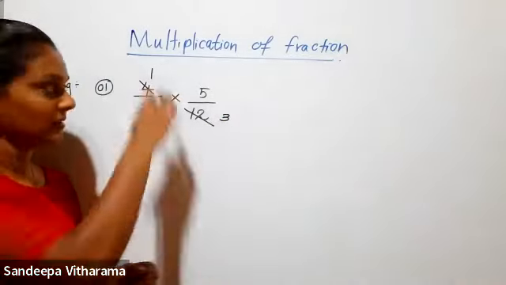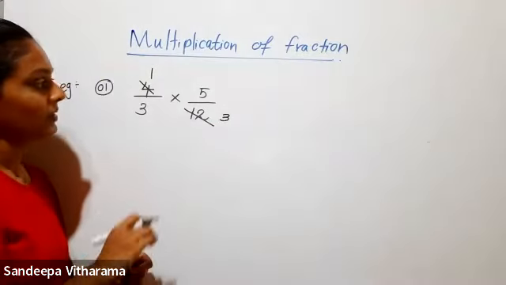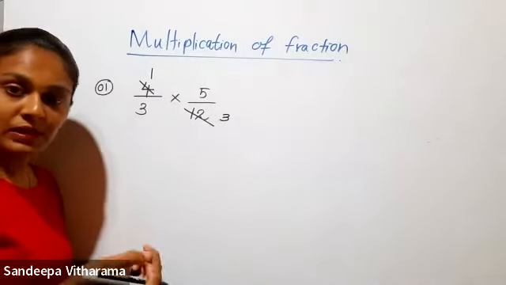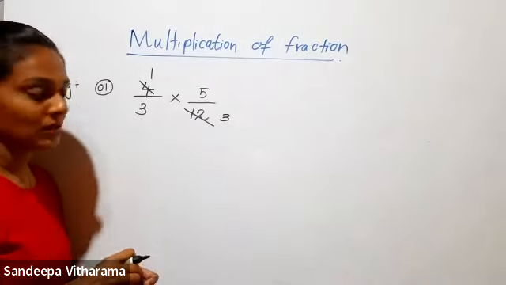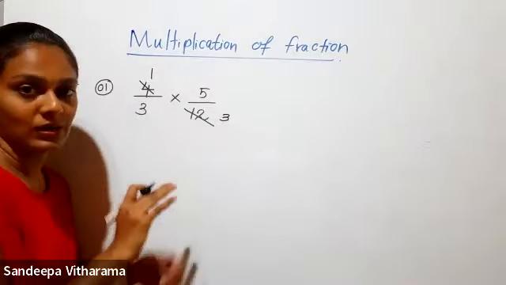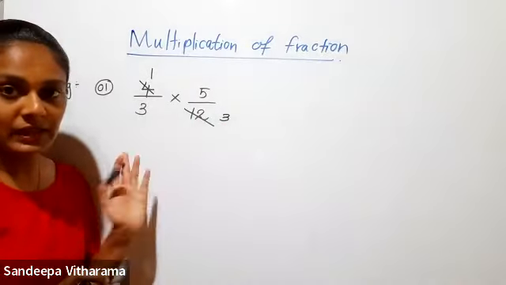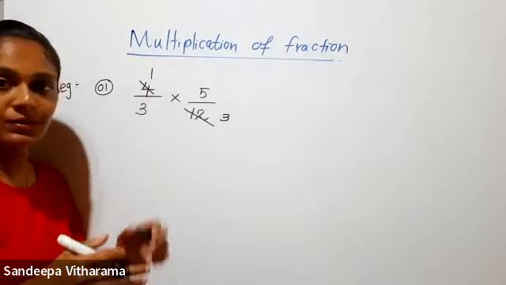Then you should be able to identify these two, the highest common factors of these numerators and denominators. Now we can't cancel this one to this one. We never cancel denominator values with denominator values, or numerator values with numerator values.